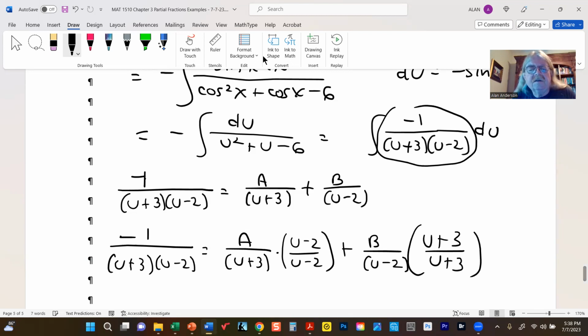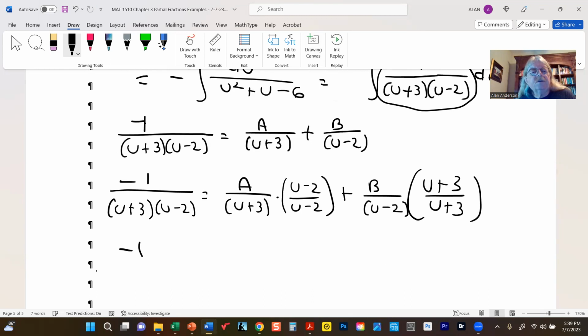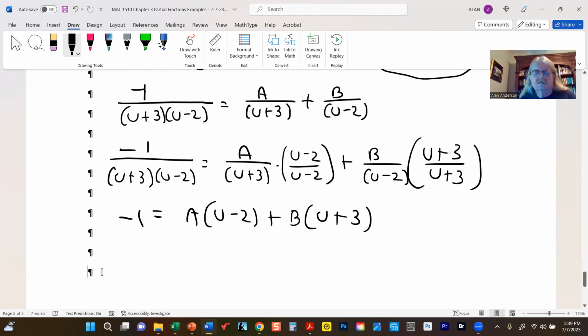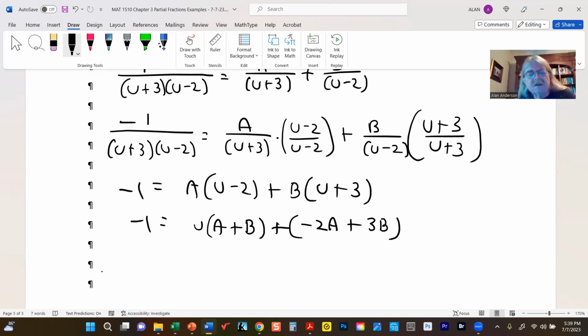So we need a common denominator, as always. Now we set the numerators equal to each other. Gather up the like terms. Okay, so in other words, we don't have any u's on the left-hand side. So that means that 0 equals a plus b. The constant that we have is -1.